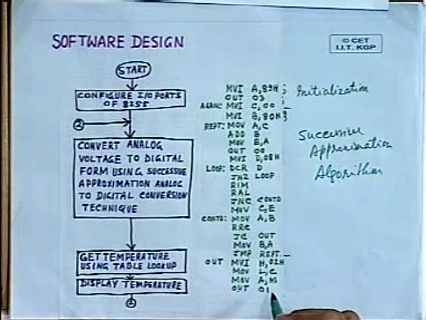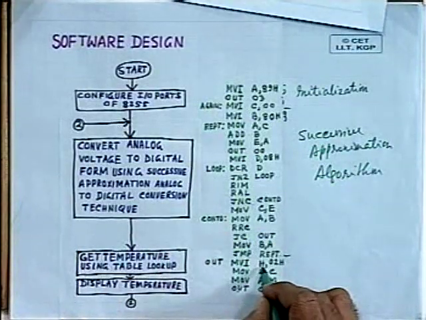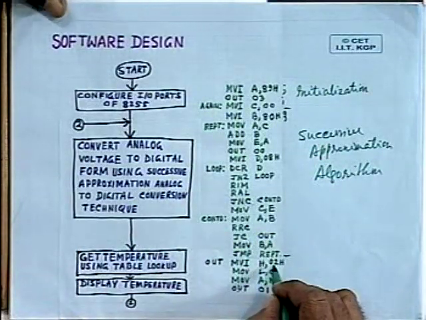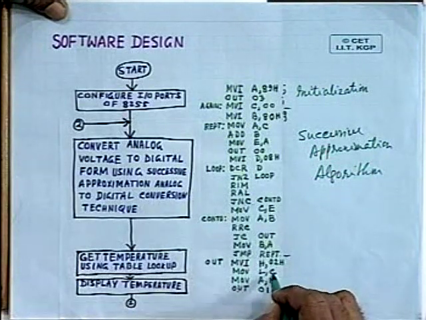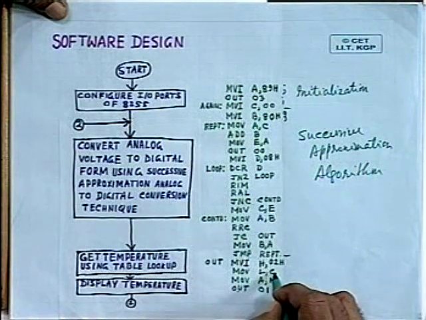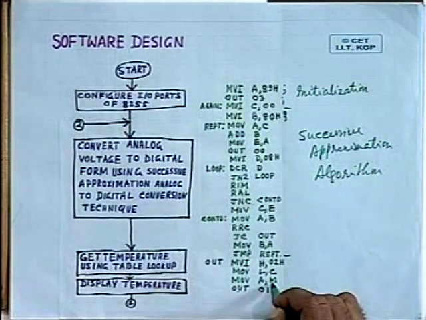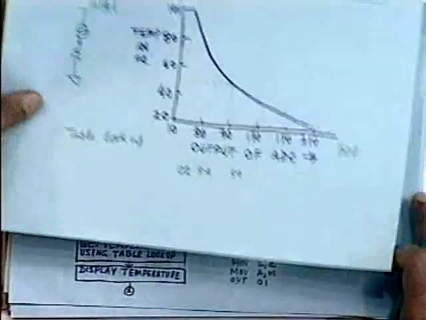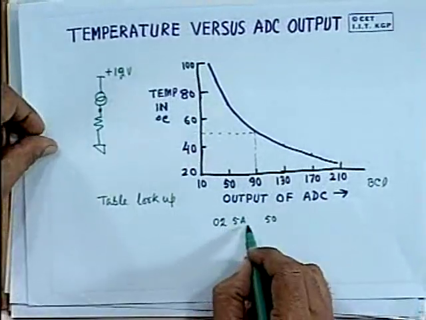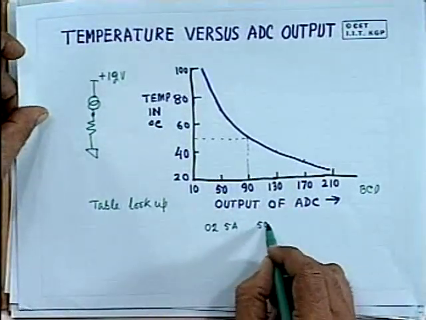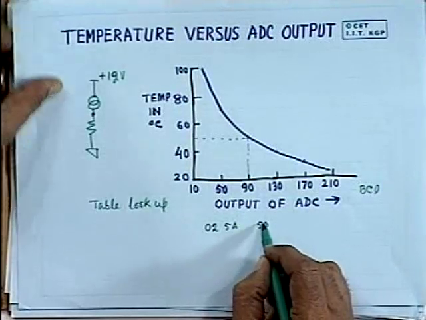As you can see here, we are loading the H register with 02, and the L register we are loading with the value of C, which is holding the digital data corresponding to the analog voltage. Then you are reading the data which is stored in memory location 02 5A. That is the temperature you are getting in degree centigrade.